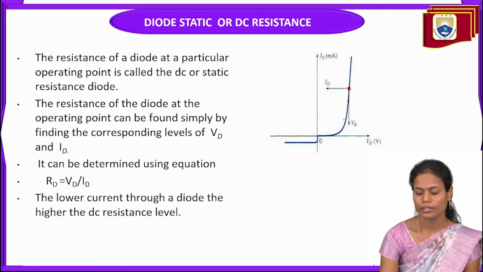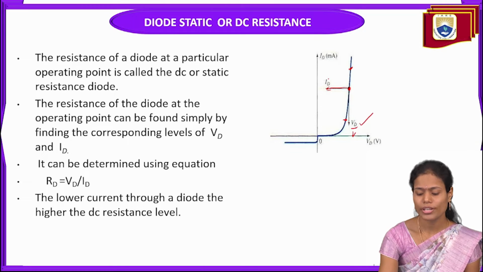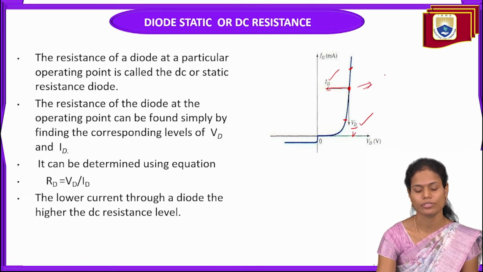We can take anywhere, either here or here. At this particular point, how much voltage we are applying and how much corresponding current is flowing in the device, from this voltage and this current we can find the value of DC or static resistance.